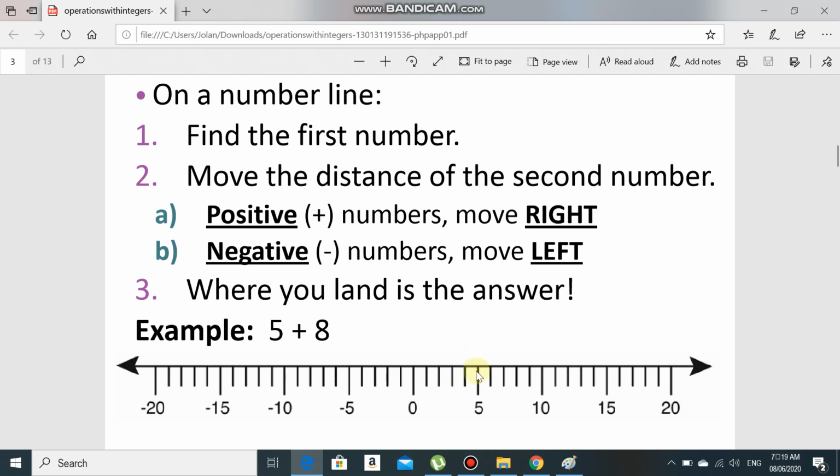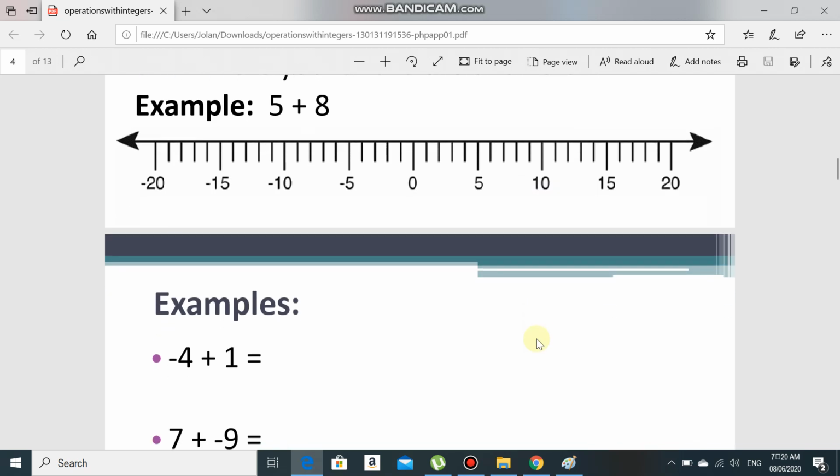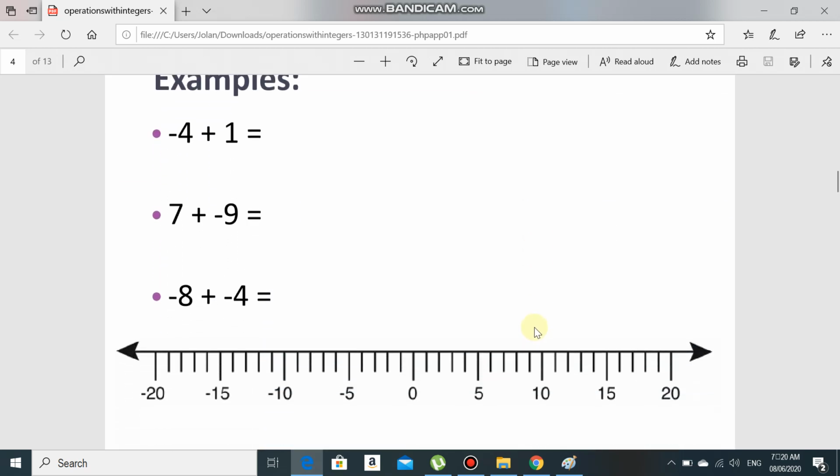So let's count with me: 1, 2, 3, 4, 5, 6, 7, 8. Where you land is the answer, and this grid has the value of positive 13. So the sum of our first example is positive 13. Let's take another example using the number line: -4 plus 1.